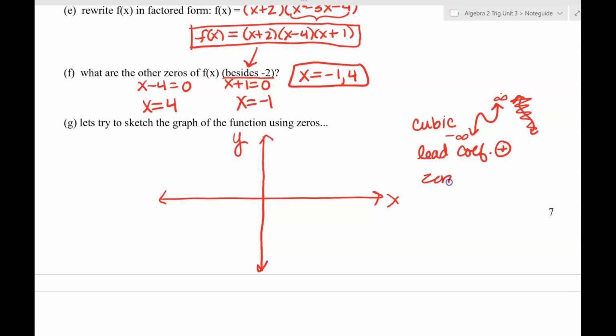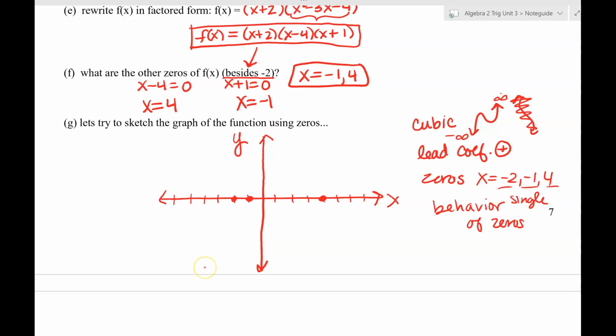Then we need our zeros. So we have -2, -1, and 4. So I'm going to mark those on my graph. And then the last thing that your sketch had to be correct in is the behavior at those zeros. These are all single zeros. None of them had a factor raised to a different power, so they didn't have any multiplicity.